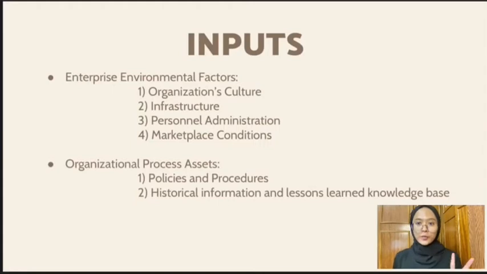The second one is infrastructure. Infrastructure plays an essential role in defining the success of implementing a scope management plan for a project. The reason being that the existing facilities and the equipment used in the organization have to be of high standards to meet the expectation defined in the project management plan by the stakeholder.